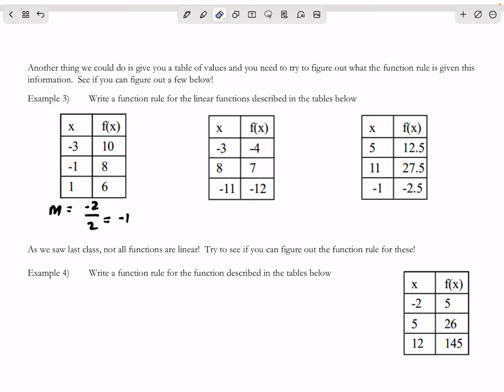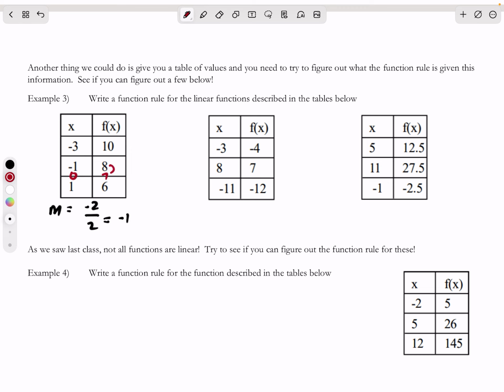The slope is negative 1, right? So every time I go up one value in x, the slope tells me what to do to the y value. So if I squeezed in the number 0, which is right between negative 1 and 1, and it's a linear function, shouldn't that just go down by 1 to be 7?